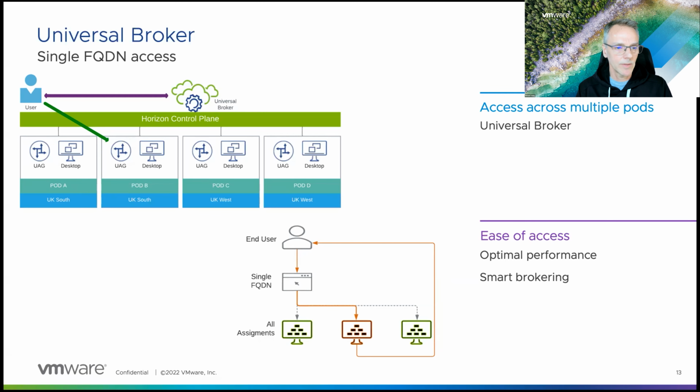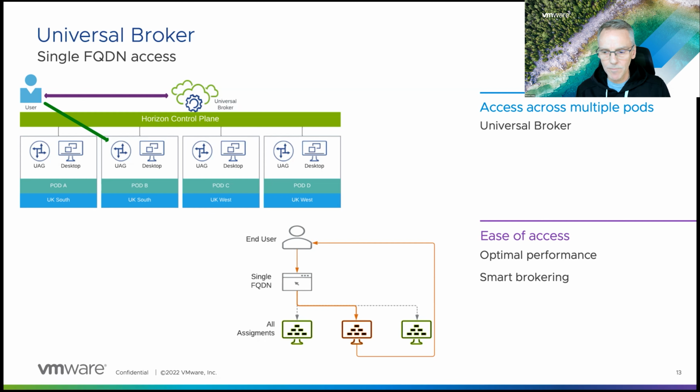It then looks at all of its assignments across every pod that it can see, and then picks the one that it thinks is the closest to that user, and then presents that desktop out. So we're removing the requirement for global server load balancing. We're also introducing a more optimal performance connection to the desktop for the user.